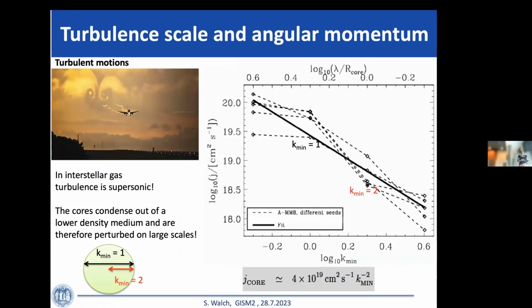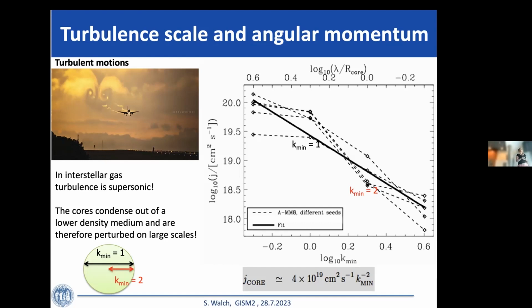And so what I tried here is that I basically chose different largest scales. I mean, you could perturb your core on the scale of the diameter. You could perturb your core on the scale of the radius. You could perturb it on a larger scale, right? And then you would only get a fraction of the fluctuation inside.